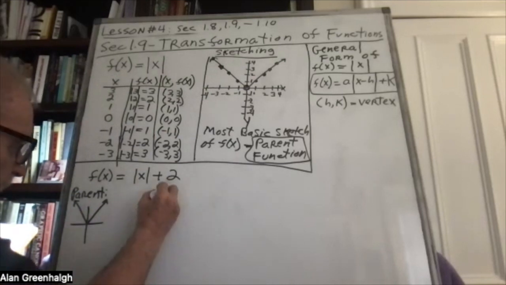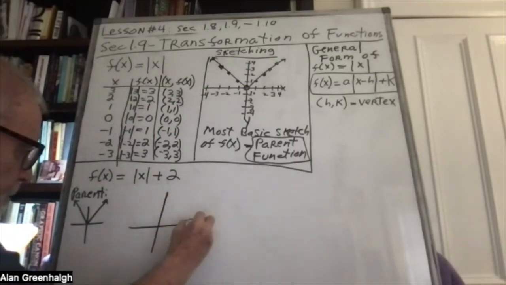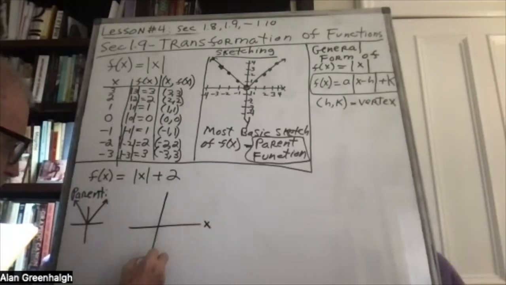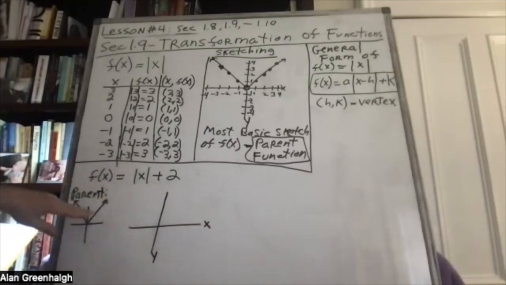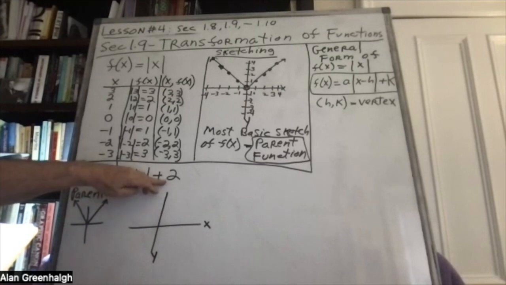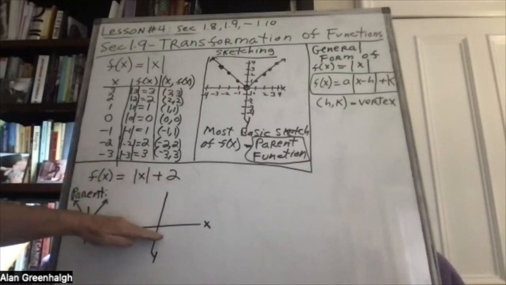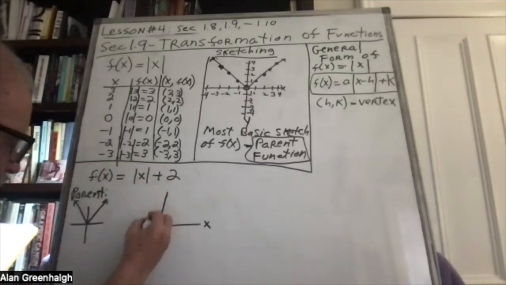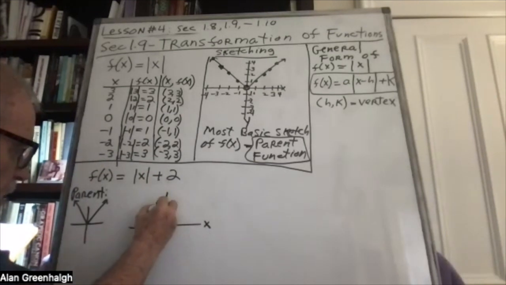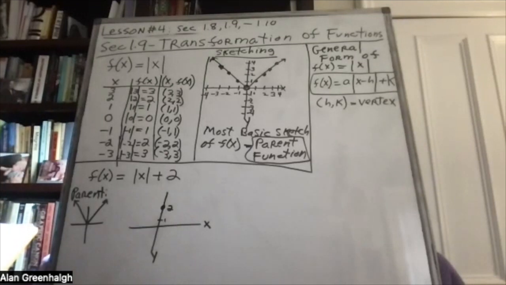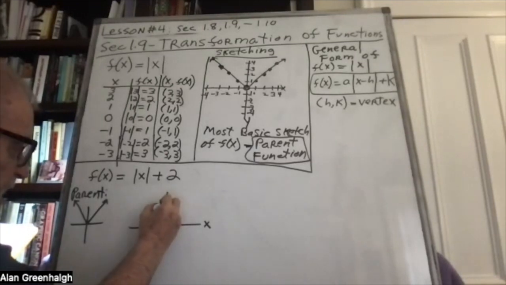So we take the parent function, the x-axis, the y-axis, and the 2 has the effect of actually raising it up so that the vertex is now going to be at that point. So it's going to go like this.